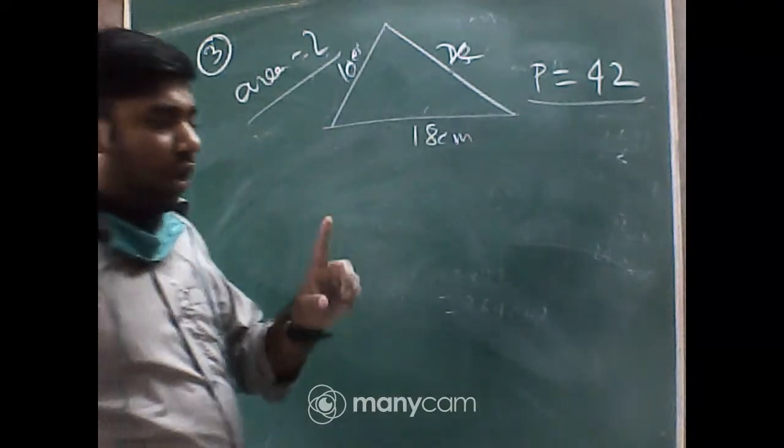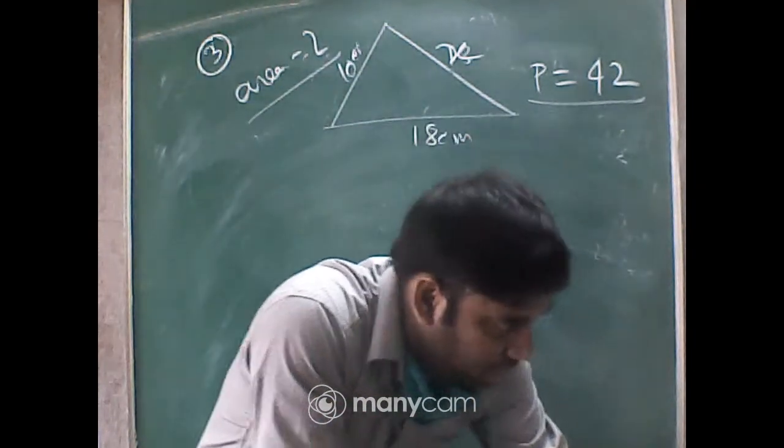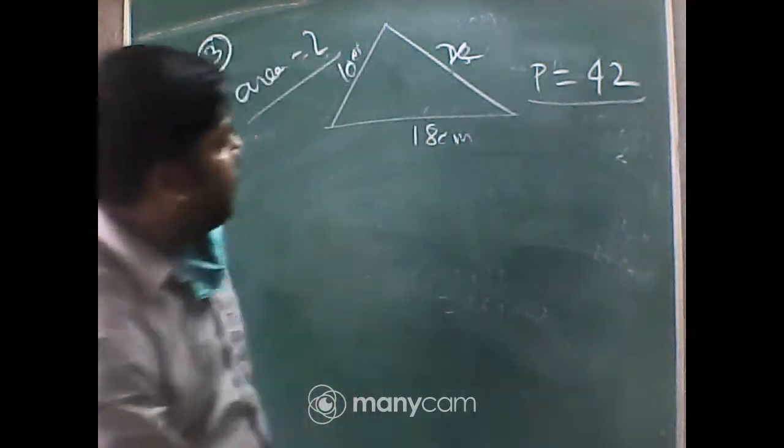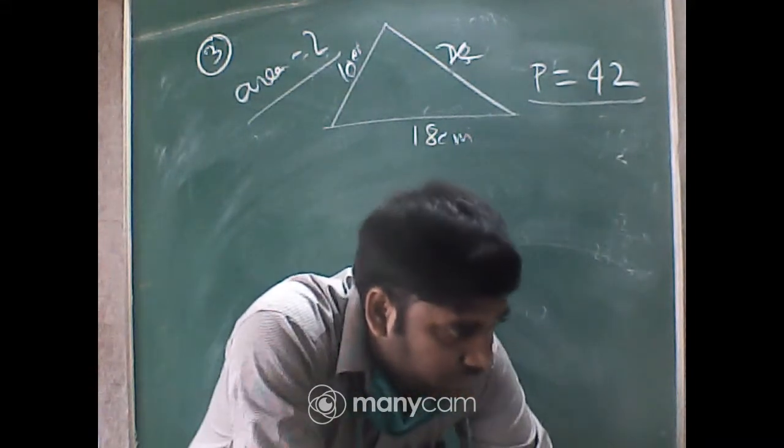Quickly, I will give you only 1 minute 30 seconds for that sum. 18, 10, x, perimeter 42, then find its area. Very easy sums. Start now.